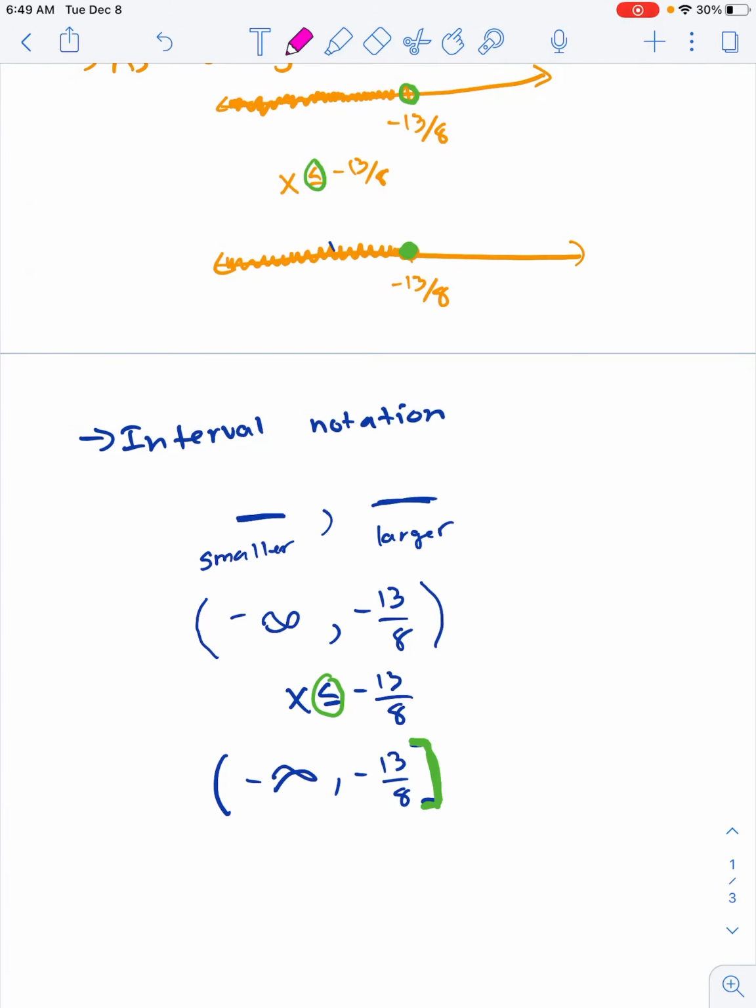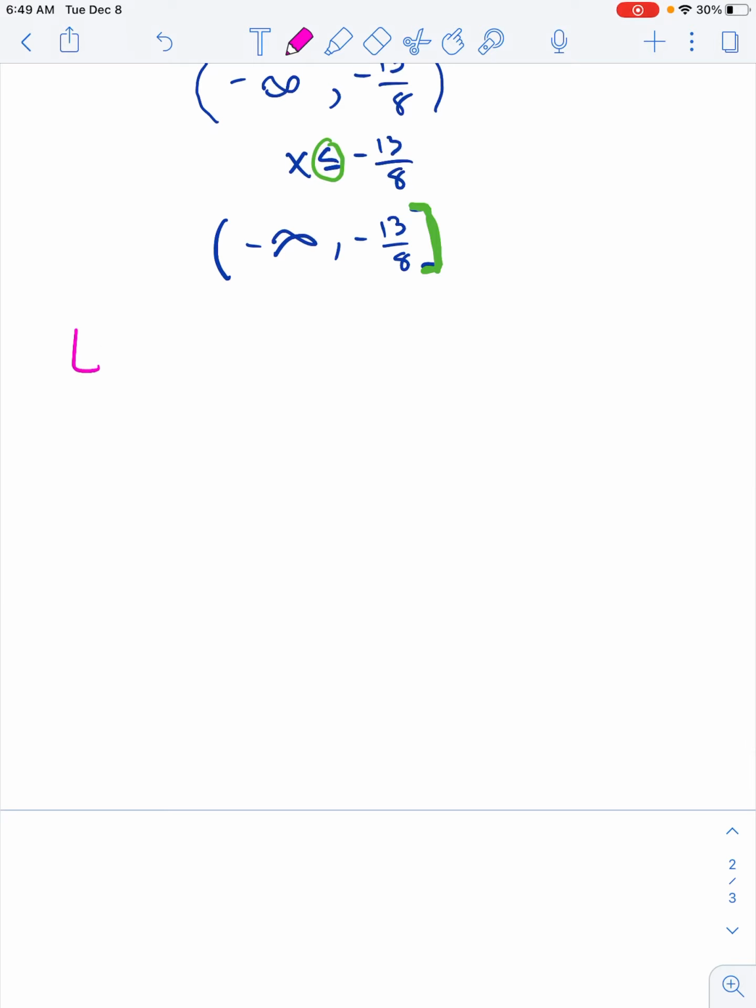Okay, let's do one example and write it in all three of those forms. So if I had 2x minus 3 is less than or equal to 5. It's very simple to solve. We're just going to get all of our x terms isolated on one side and then divide. So I have x is less than or equal to 4.